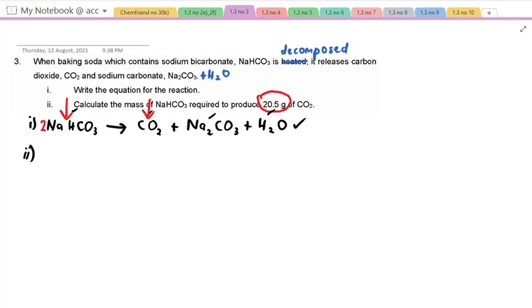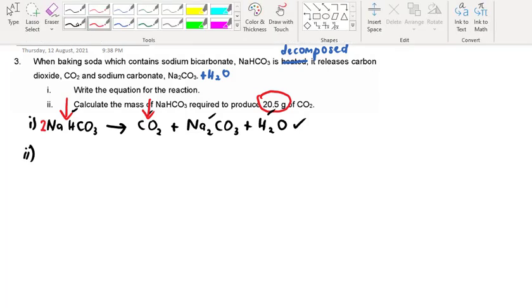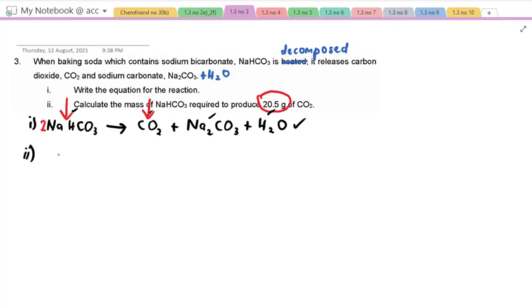So what to do is to write the proportion. So you write 1 mole of CO2, from the stoichiometric coefficient of the balanced equation, of course, which is equivalent to 2 mole of sodium bicarbonate.